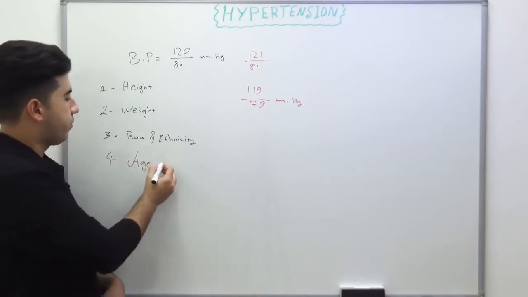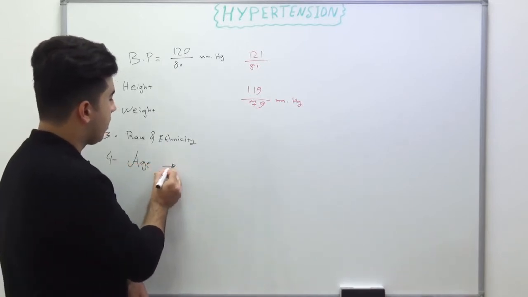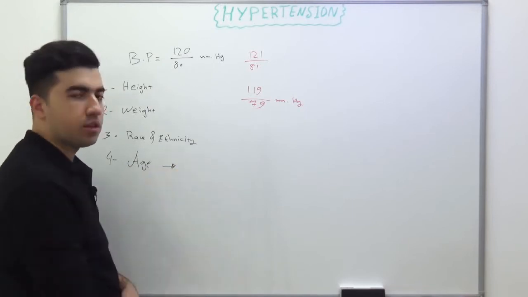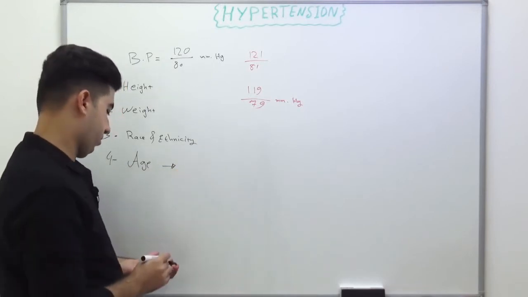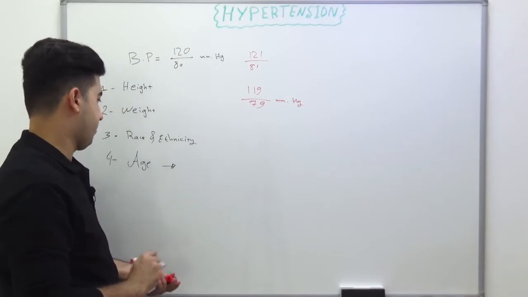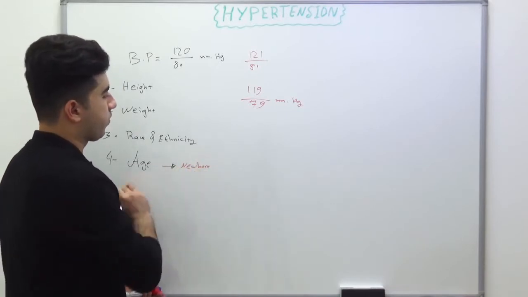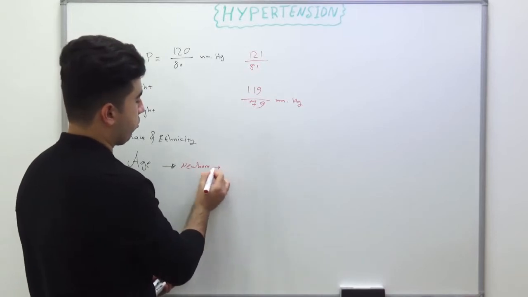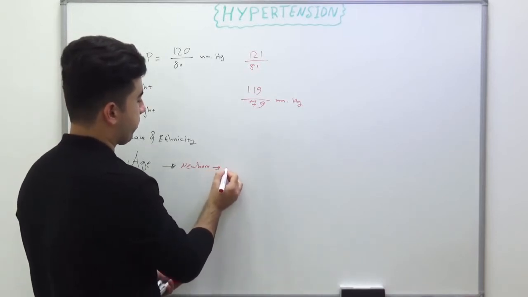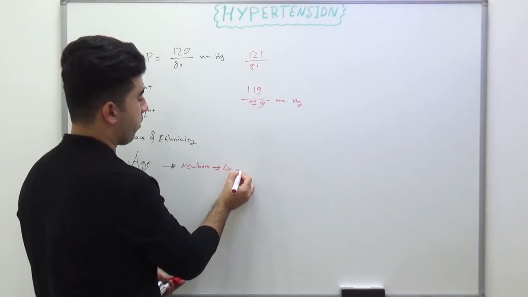In newborns, the systolic blood pressure is about 40 millimeters of mercury.